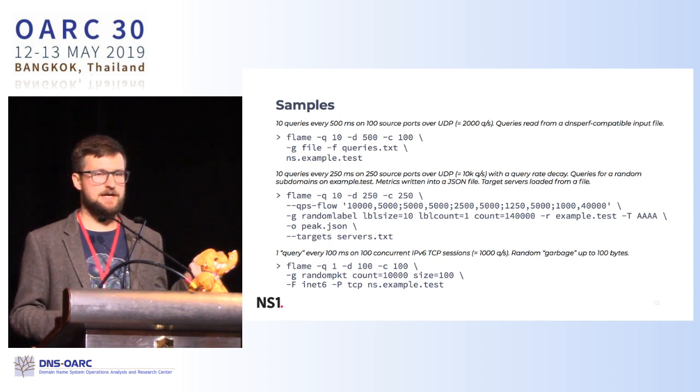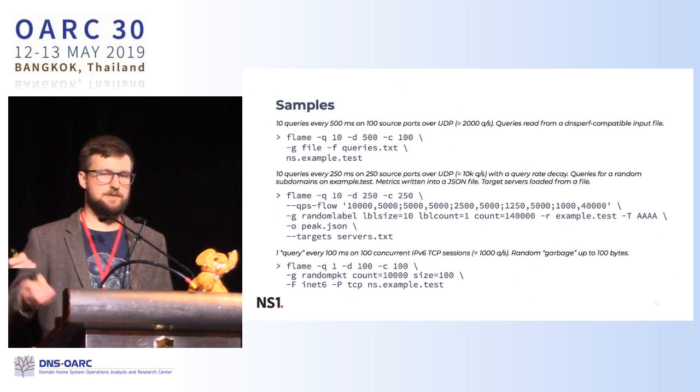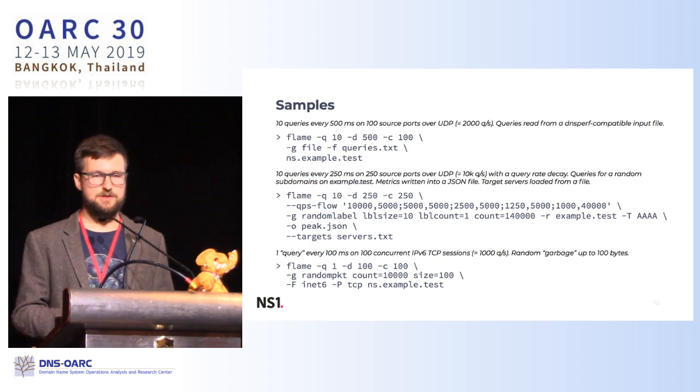That's a feature we added really recently. So instead of specifying the names of the servers on the command line, you can add --targets and read a list of the servers or IP addresses from a file. And Flame then round robins the allocation of the sockets or the TCP connections.